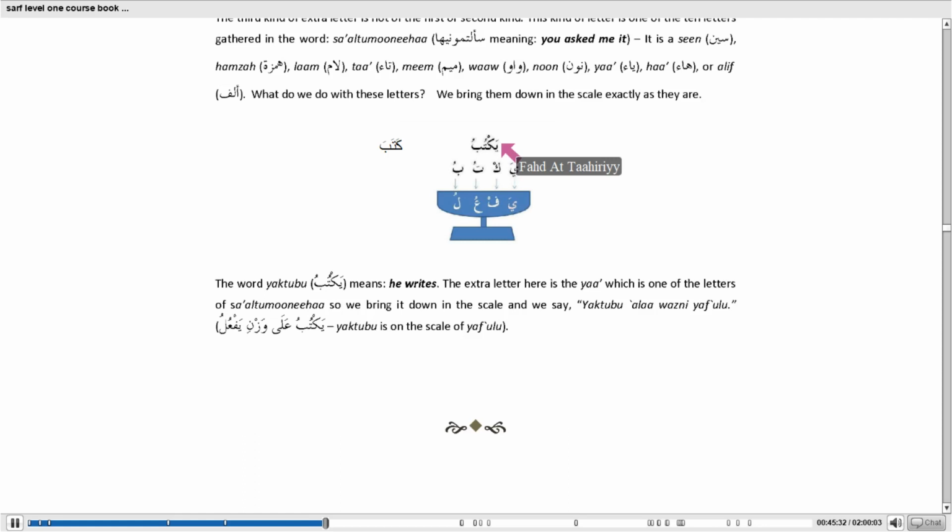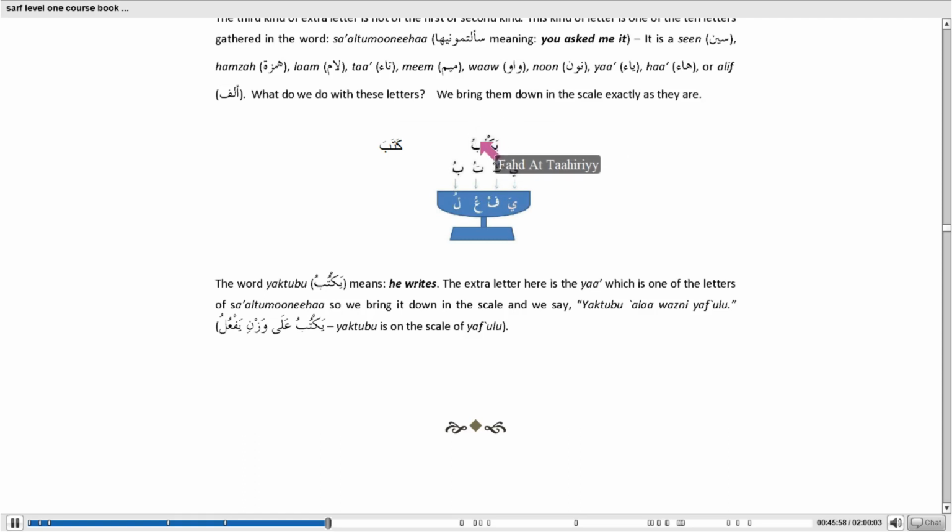Understood, barakallahu fikum? I think I got 2 questions coming up. Understood? So, can we say it was not there in the original form and got added in this form? Yes, it got added in this form.